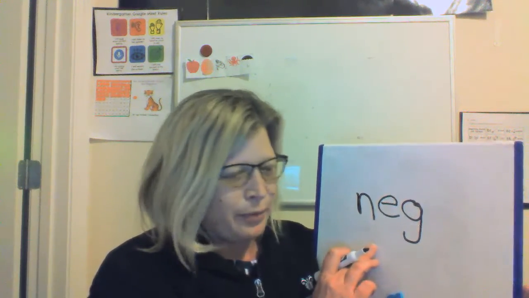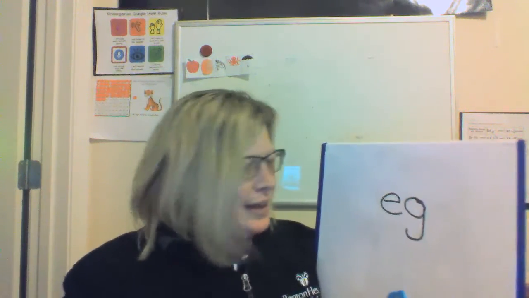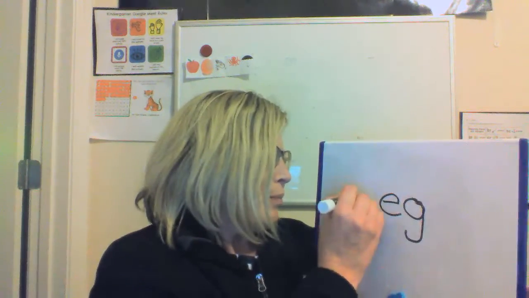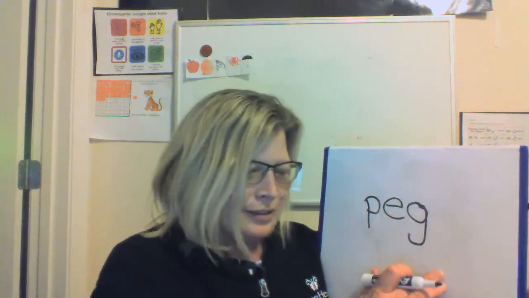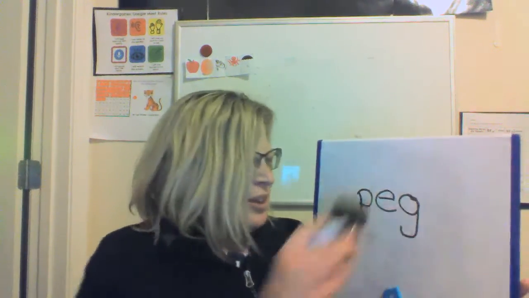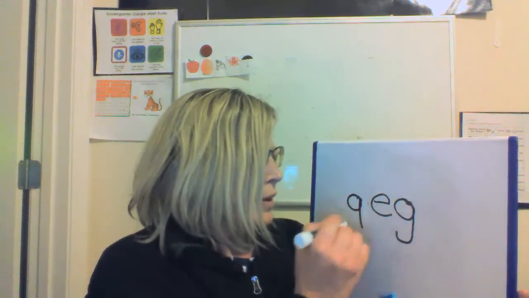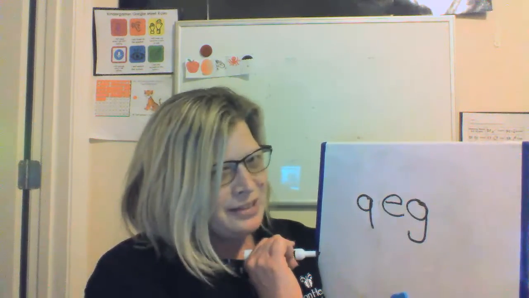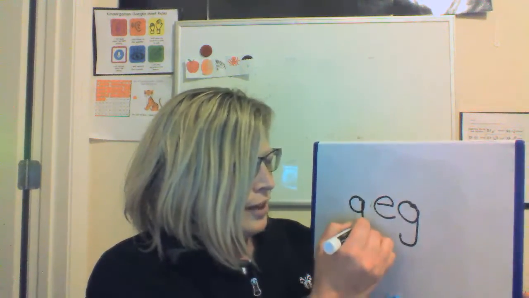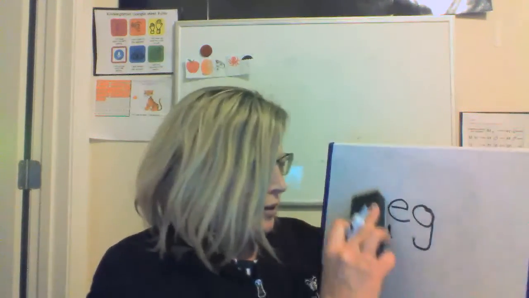I think it's a nonsense word. I can't do O because I'm at a vowel again. So I get to P for eg. Peg. That's a word. How about Q? How does Q work? Queg? No, nonsense word. And remember, Q usually has a partner. They usually come together. But that's still not a word.